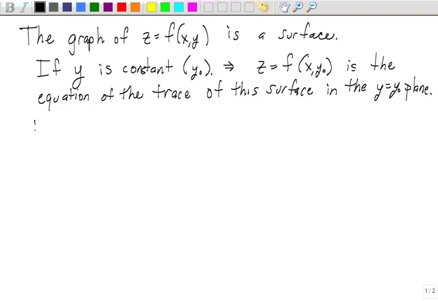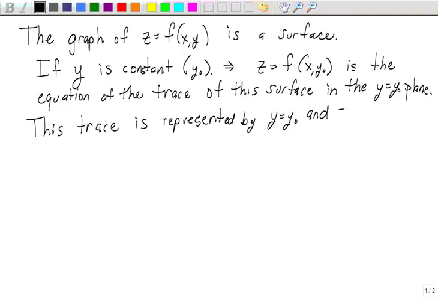So the trace is represented by y equals y0 and z equals f of x, y, which is the intersection of those two curves.